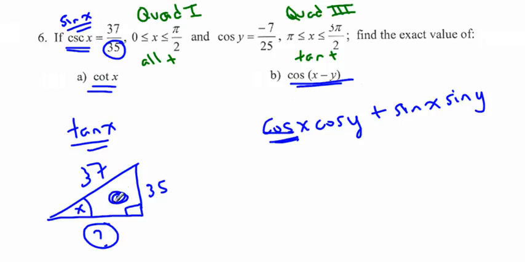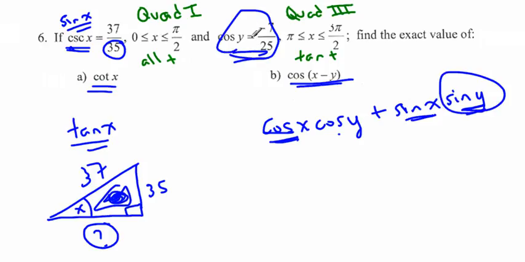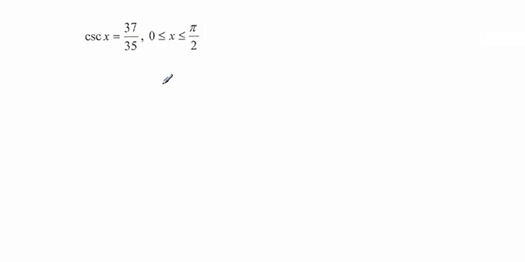So again, by doing this Pythagorean theorem, looking at the ratios, I'll be able to find that. I need cosine y, well, I have that. I need sine x, that one's going to be okay. And I need sine y. So again, just like I'm going to do for x, in order to find what sine y is, I'm going to need to take this ratio and figure out what that would be in terms of the Pythagorean theorem sides of the triangle. Anyway, let's just go look at what I'm talking about instead of just talking about it.